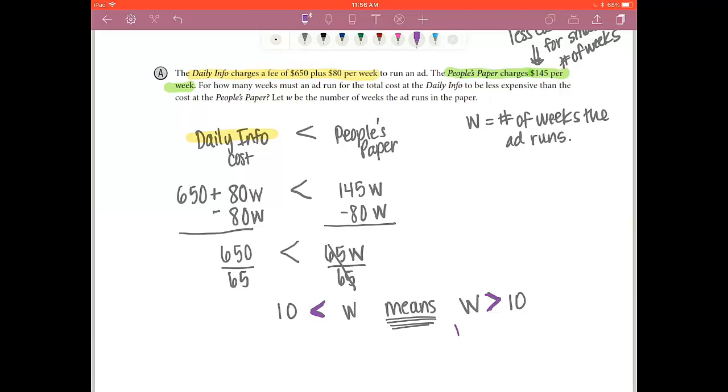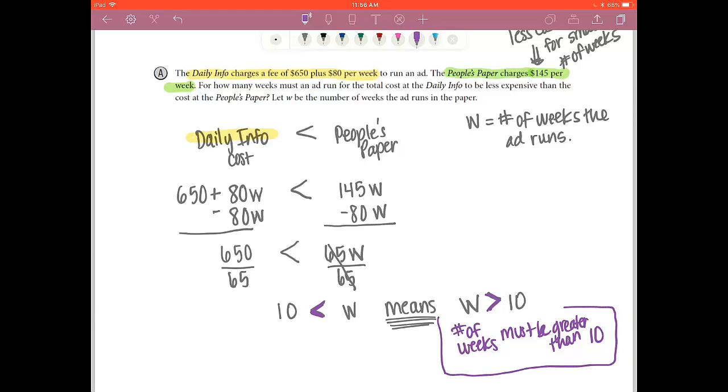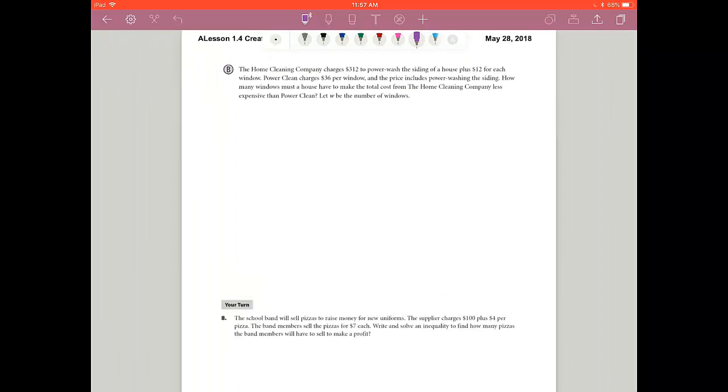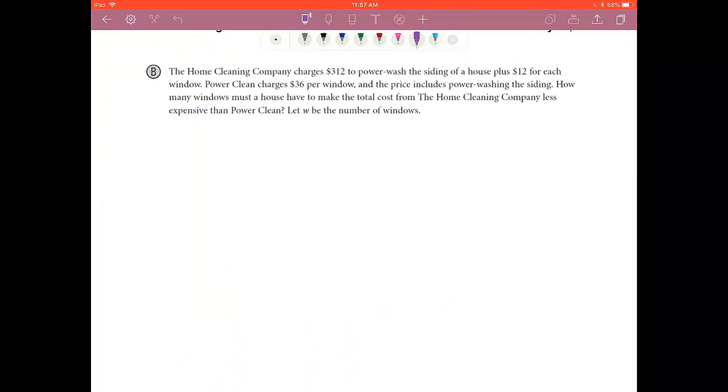Same thing over here. When I rewrite it, W is still bigger than 10. So the number of weeks must be greater than 10 if I want to run my ad in the Daily Info and have the cost be less. So my number of weeks must be greater than 10.